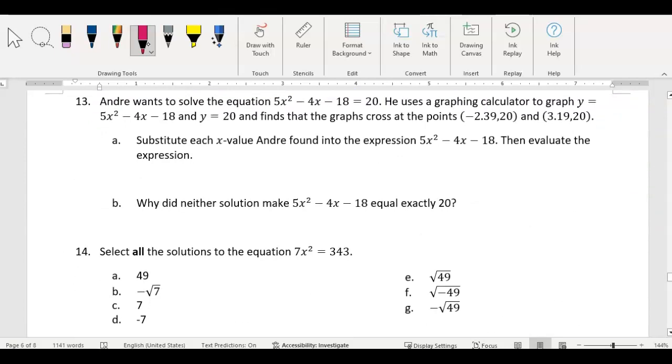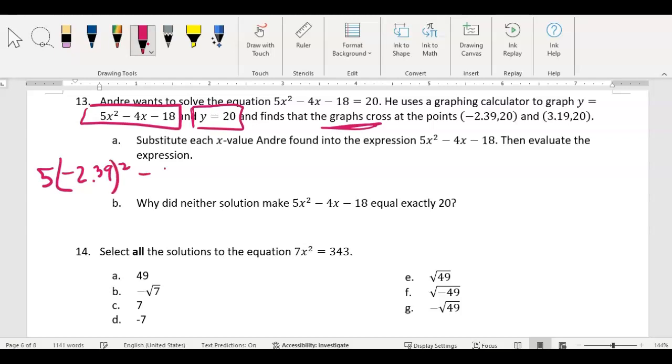All right, number 13. Andre wants to solve this equation. He uses a graphing calculator to graph 5x² - 4x - 18 and y = 20, and looks for the intercepts, or where the graphs cross, at the points. It says substitute the value Andre found in the expression. So we're going to do that. 5 times negative 2.39 squared minus 4 times negative 2.39 minus 18 equals blank.